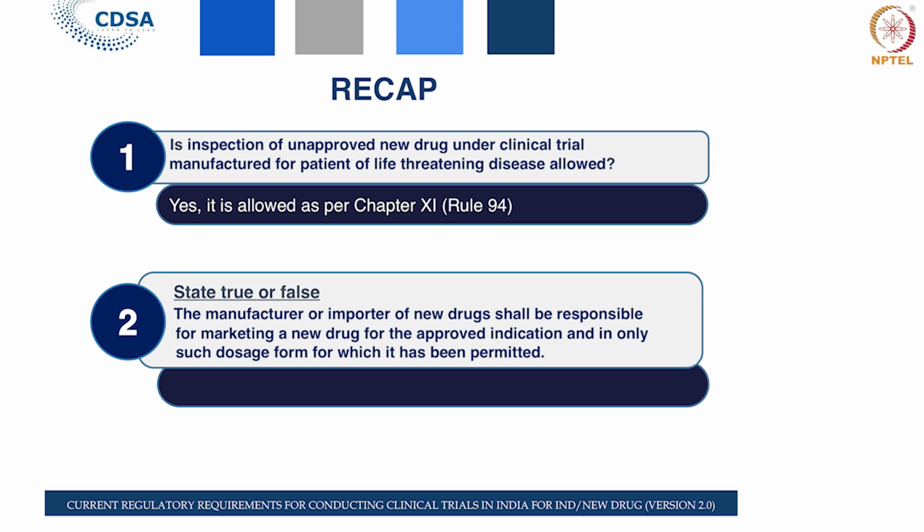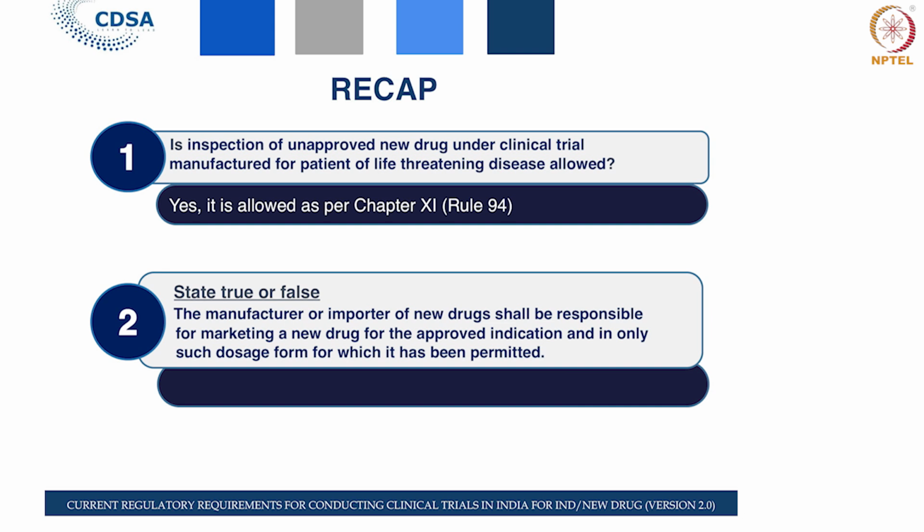The manufacturer or importer of new drugs shall be responsible for marketing a new drug for the approved indication and only in such dosage form for which it has been permitted. I think you know the answer. By this time you have to know this answer. This is a very important question. But before writing the answer, I would like you to repeat the question once again.